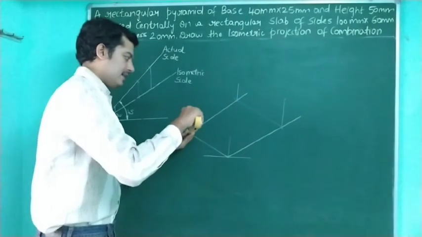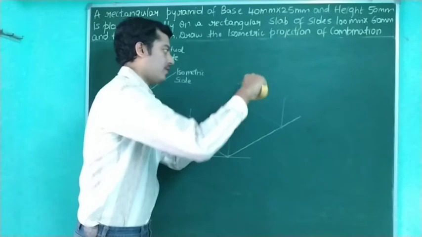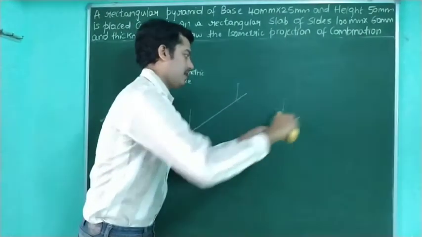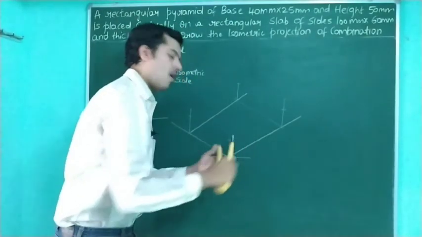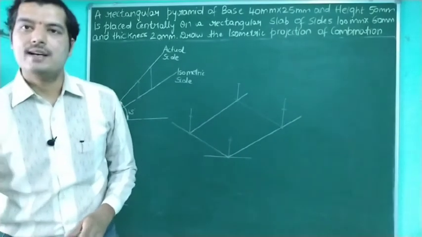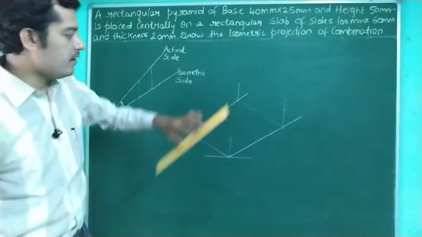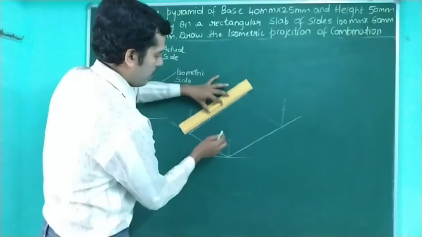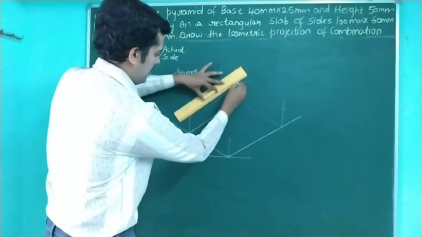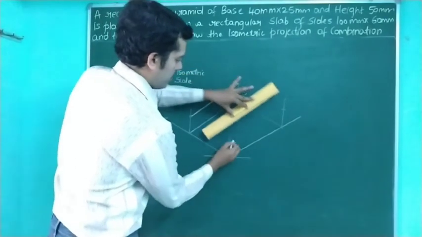So cut iso 20 for all four vertical heights. Now we have got four new corners, the top four corners. Let me join the top four corners.